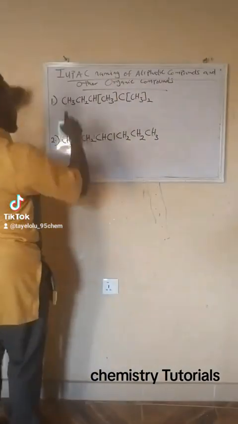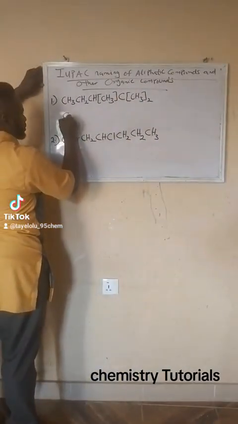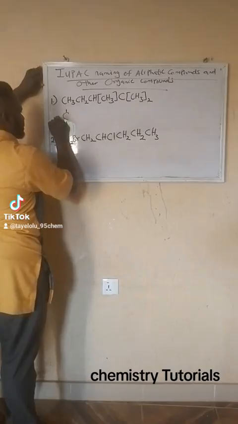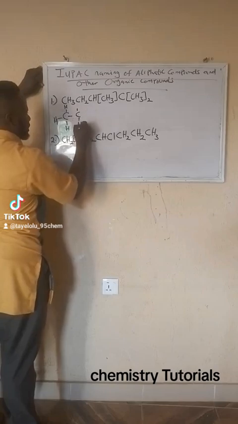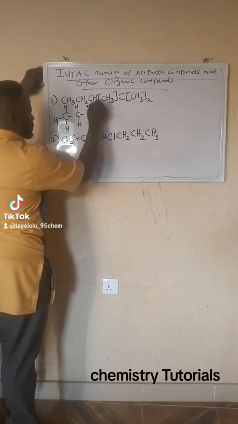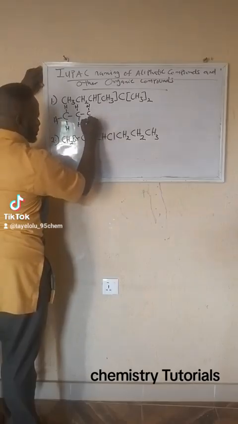So look at this one. For instance, I have CH3, CH2, then I have CH, then this CH3 attached to it, CH3.